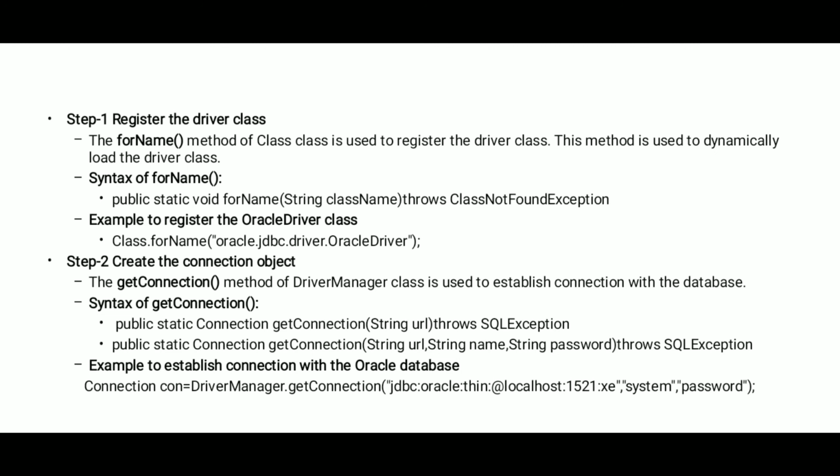For Oracle it is jdbc:oracle:thin:@localhost:1521:xe. By default the username is system, and then you have to give the password which is set for Oracle in the password parameter. So this is the basic example to establish the connection with the Oracle database.